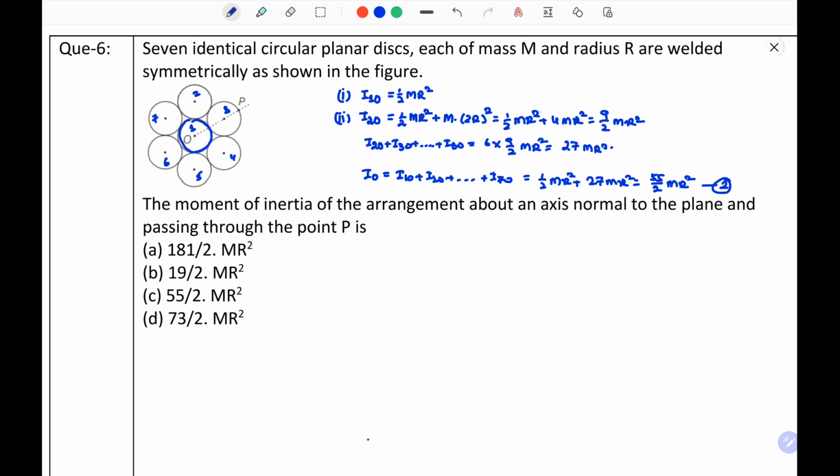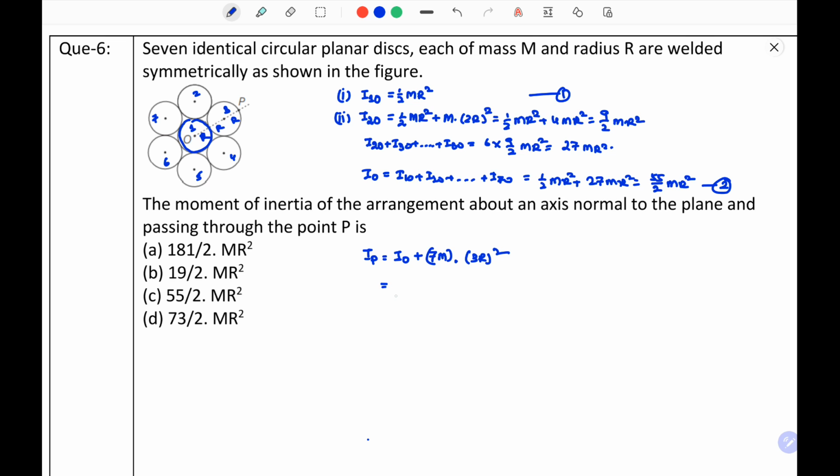Now we have to find the moment of inertia through the axis passing through P and perpendicular to the plane. We have to use parallel axis theorem, so IP will be equal to IO plus total mass. Now total mass at O will be 7m. This is the total mass. And distance between the O and P is, this is R, R and R, that means 3R. So we will have 3R square.